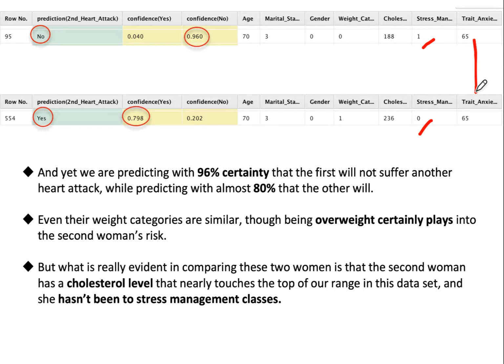They had the same anxiety level. So the only differences between those two patients, three actually, are attending the class, the cholesterol level, and the weight category. And those really are the ones, with this specific problem, that are really influential in predicting the likelihood of having a second heart attack or not.